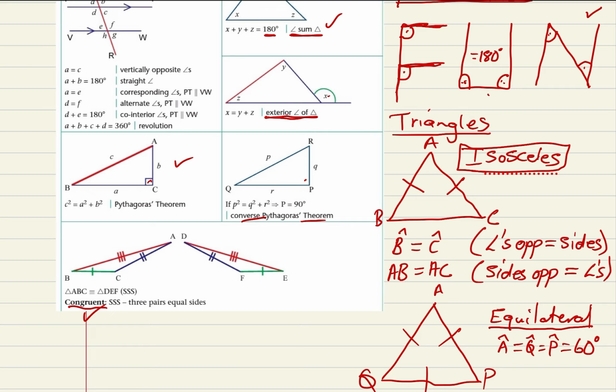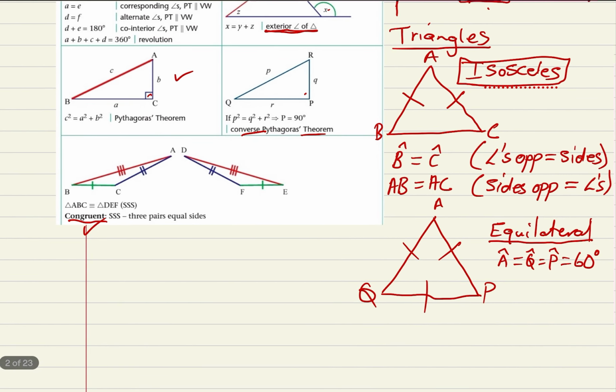Why are they equal now? These are angles of an equilateral triangle. Also the sides we have: AQ is equal to AP, which is equal to QP.